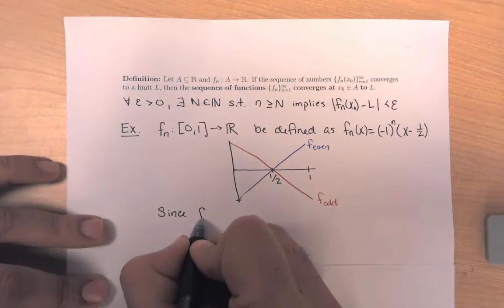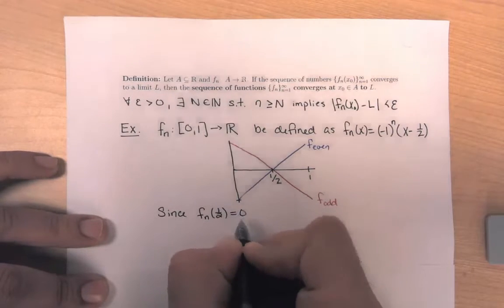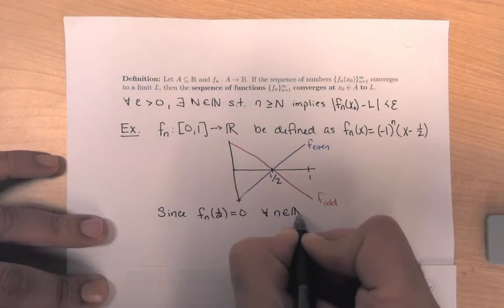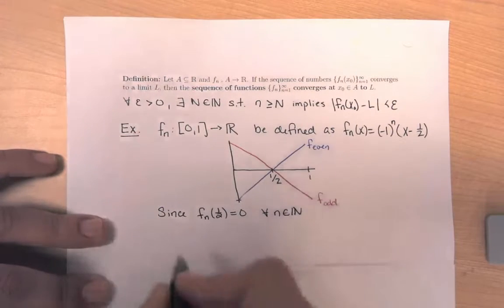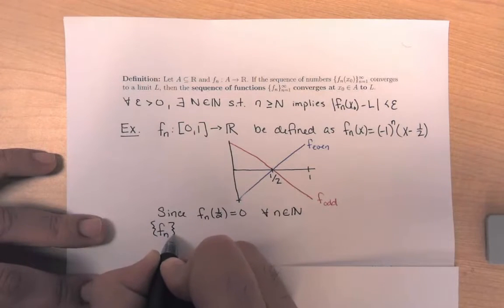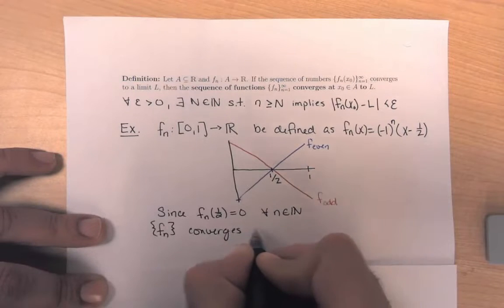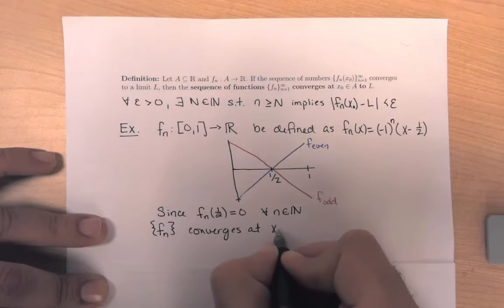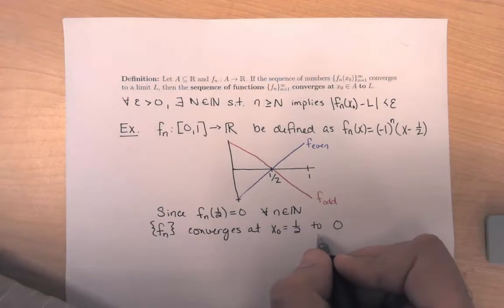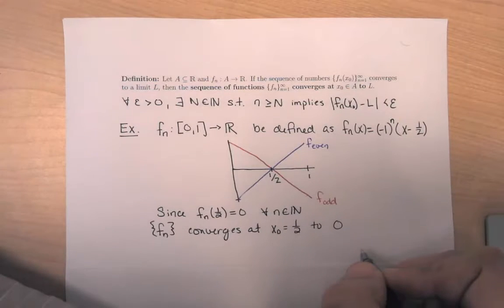Since fn of 1/2 equals 0 for every natural number n, we could say that the sequence of functions converges at x naught equals 1/2 to 0, because that would generate the sequence 0, 0, 0, 0 repeated infinitely.